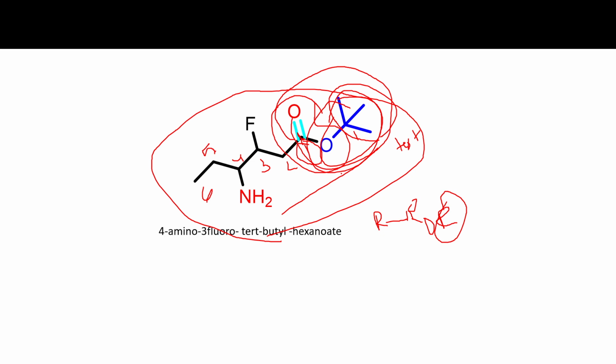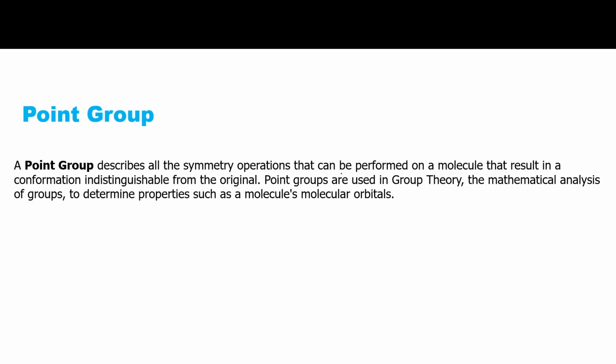We go to the point group and we are solving some problems regarding that point group. So what does the point group describe? A point group describes all the symmetry operations that can be performed on a molecule and that result in a conformation indistinguishable from the original.